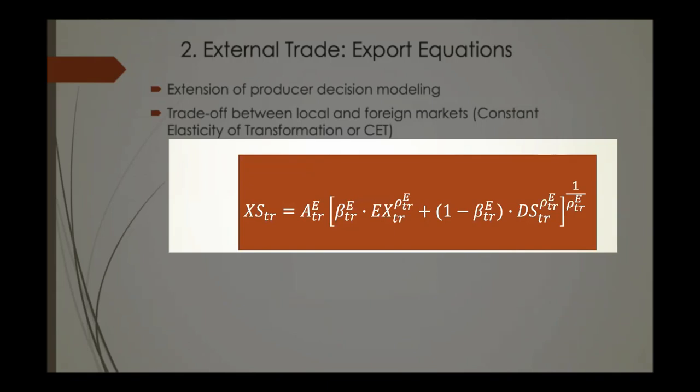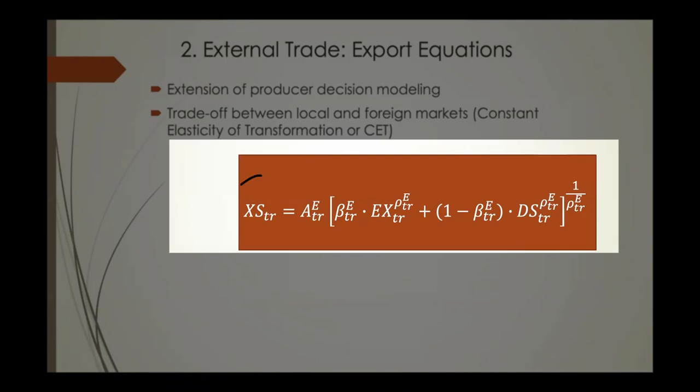This is an additional layer to producers and consumers' decision making. Producers' decision is extended to include the trade-off between selling to the domestic market or selling to the foreign market.